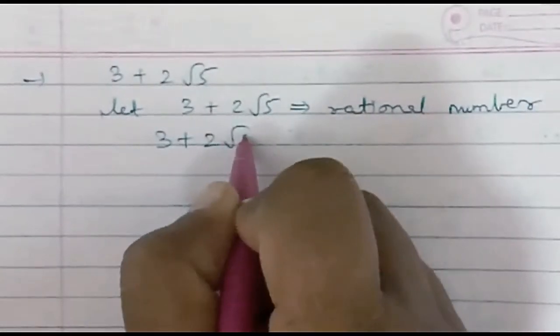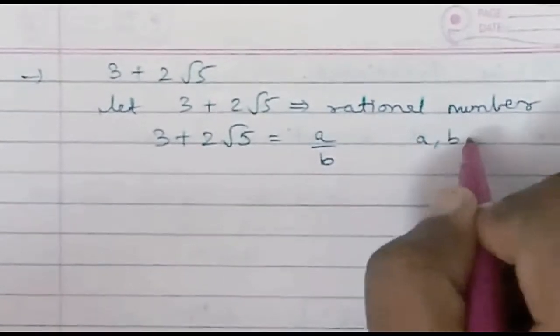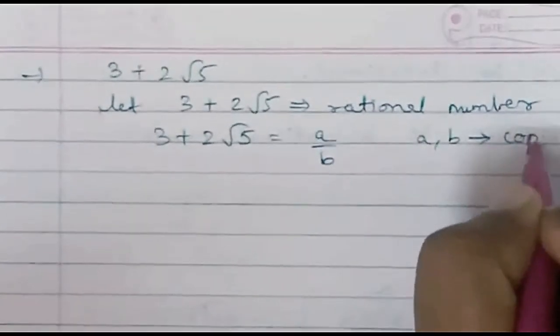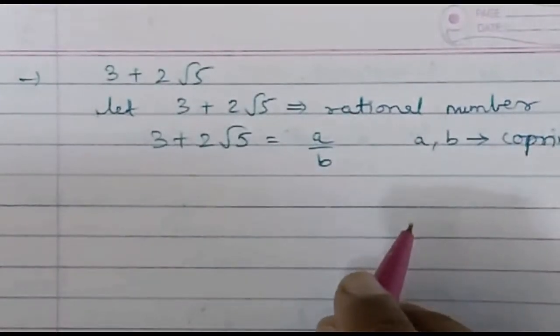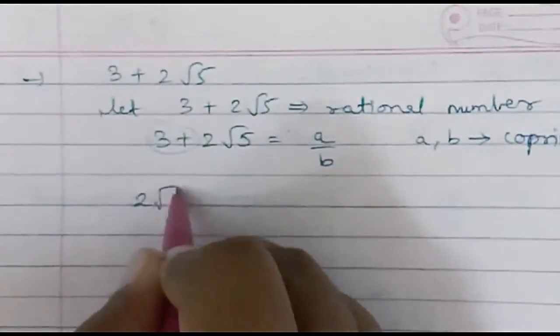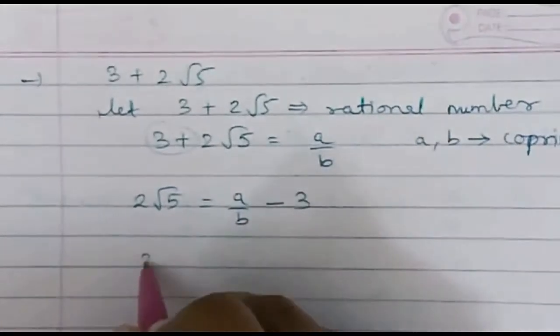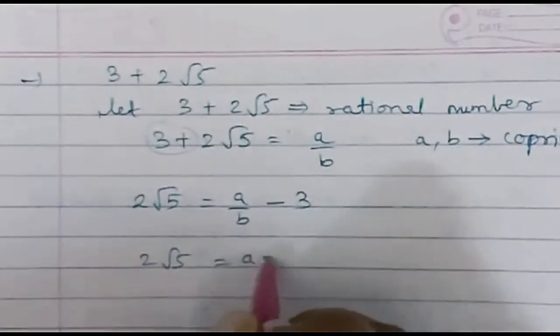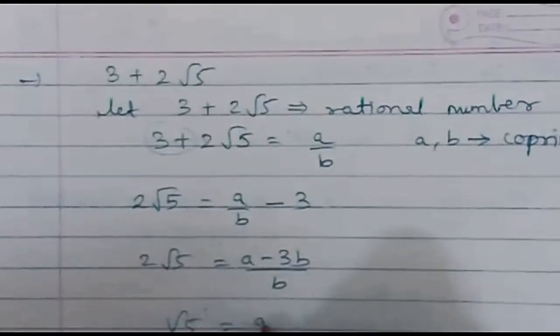So 3 plus 2 root 5 is equal to a upon b, where again we suppose a and b are co-primes, that means they do not have any common factor other than 1. Now taking the 3 to the opposite side, we get 2 root 5 is a upon b minus 3, and so 2 root 5 is equal to a minus 3b upon b, and so root 5 is equal to a minus 3b upon 2b.